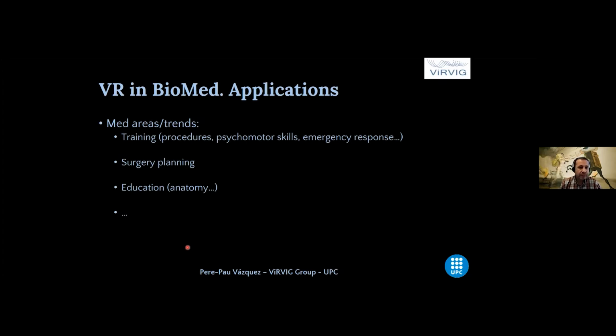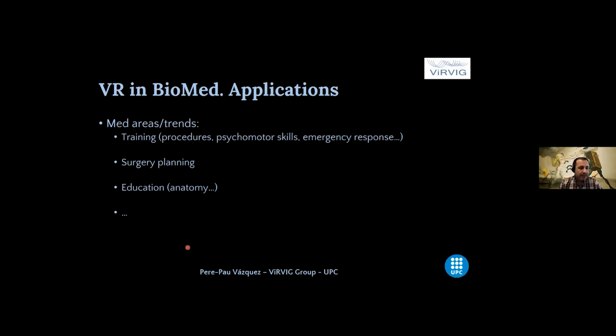In the medical area, for example, there is a lot of training that can be done in virtual reality. And training implies not only training for a certain surgery, but for certain procedures for dealing with a patient. Also treating psychomotor skills, for example, practicing for surgery, and also emergency response, and so on and so forth.